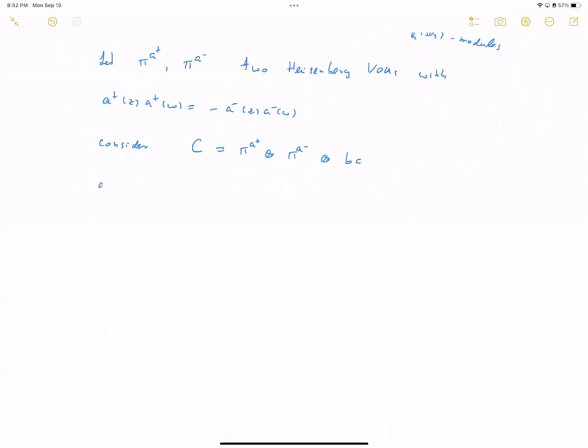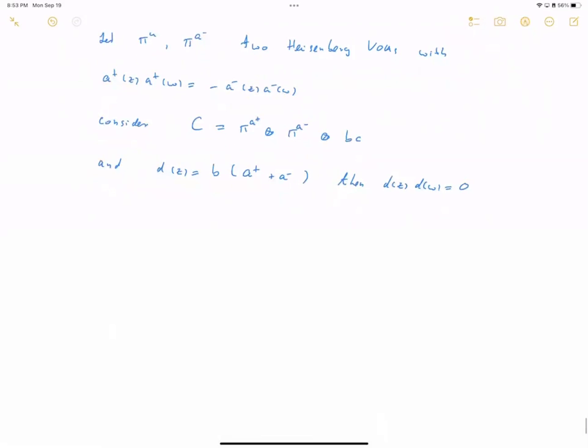And on this complex, you first of all have a nice odd field, D, which is just one of these fermions times the sum of these Heisenberg fields, right? And because A plus and A minus having opposite norm means that this sum of the Heisenberg fields has norm 0. Right? That's the important thing here. And because this has norm 0, this implies immediately that D has regular OPE. Right?